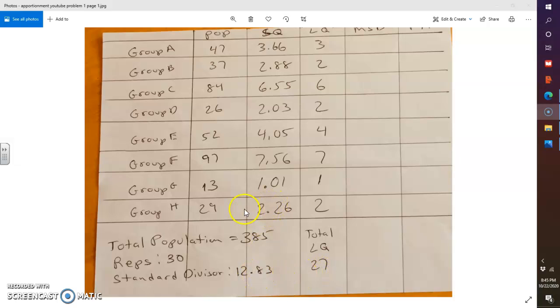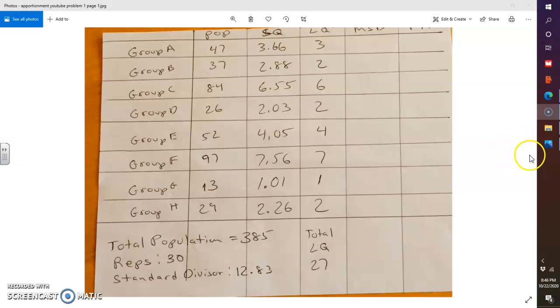So literally I need to move 3 reps up. 3 of the 8 groups are going to get an extra rep. And we need to figure out a number that's going to allow me to divide all 8 populations and create a lower quota that is 30.